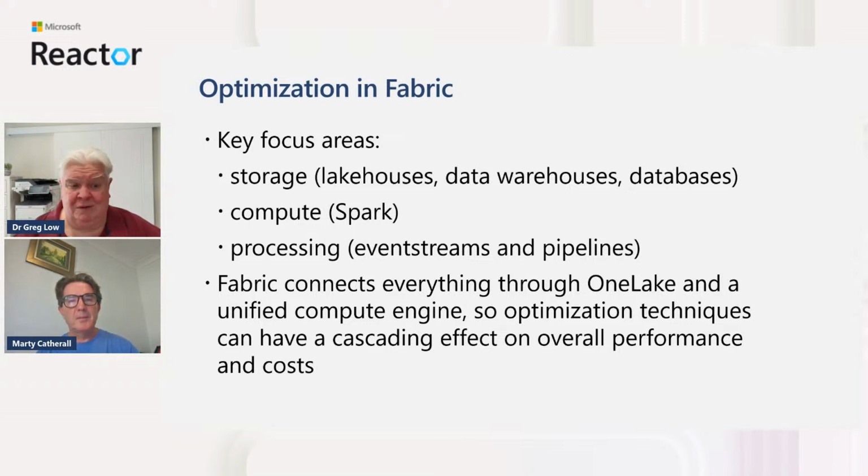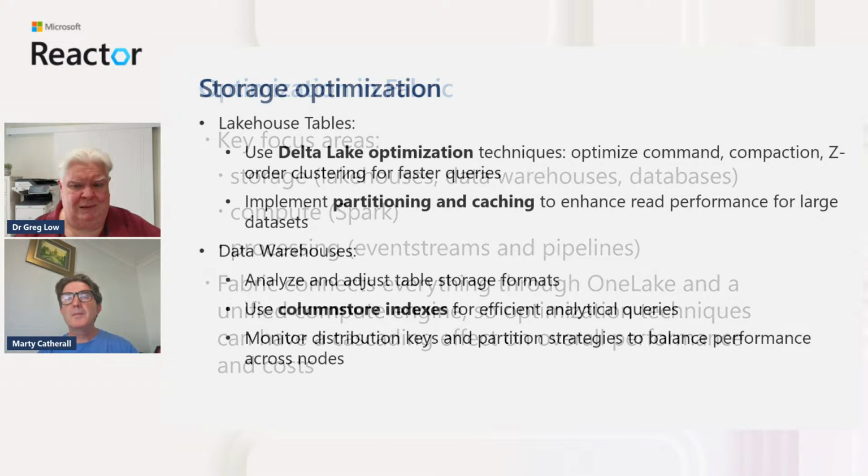And in terms of compute, obviously there's Spark related performance there, and the processing could be pipelines, could be event streams mentioned there, and so on. But all of these things in Fabric are linked together. And so you're not reinventing the wheel, you're leveraging the tools and best practices that you already know, but in a more connected and perhaps efficient platform.